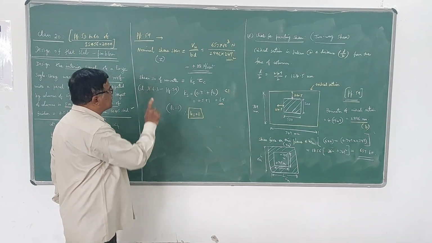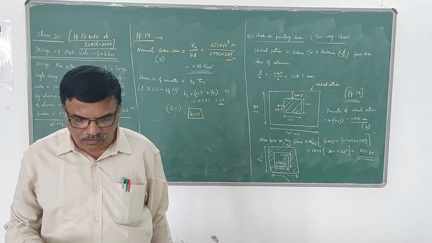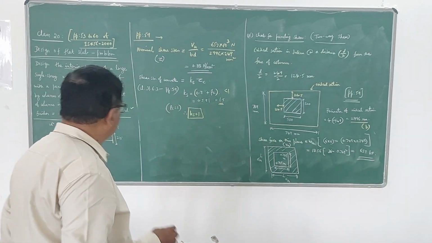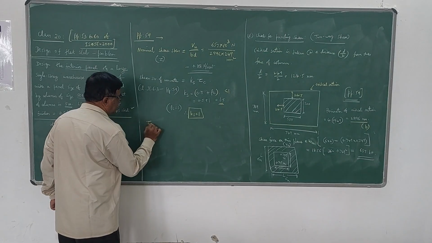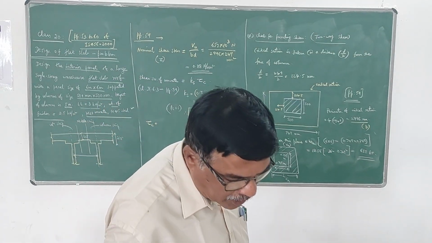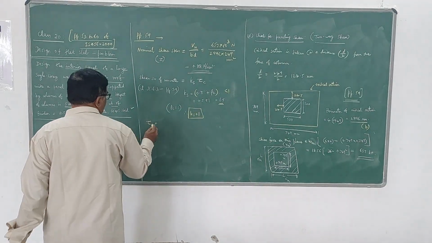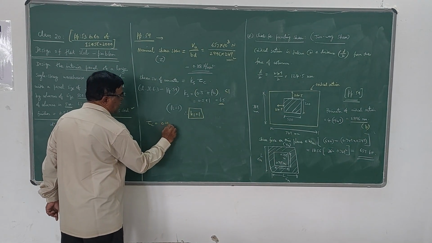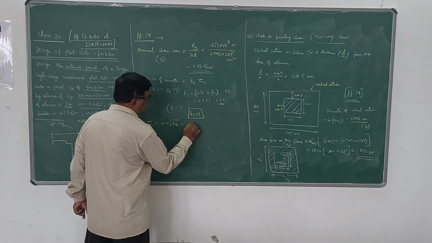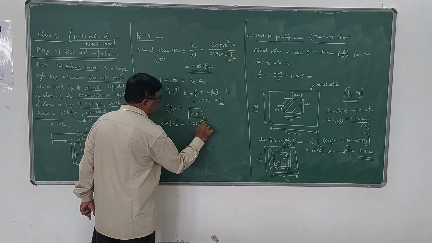So now the Ks value is 1, and the tau c value is also given on the same page. Tau c is 0.25 times root fck. So 0.25 into root of 20.